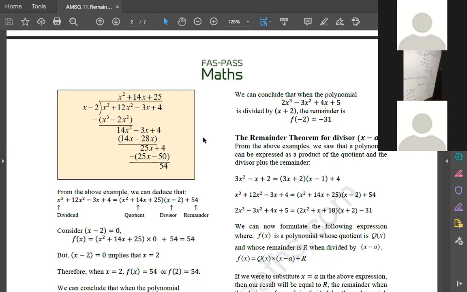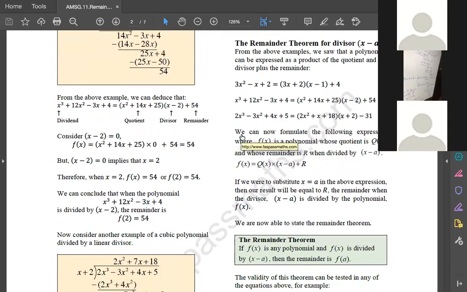If your factor is rather x minus 3, the number you're going to get will be positive, because you pick the negative 3 and cross it over to the other side of the equal to sign. Very, very simple.